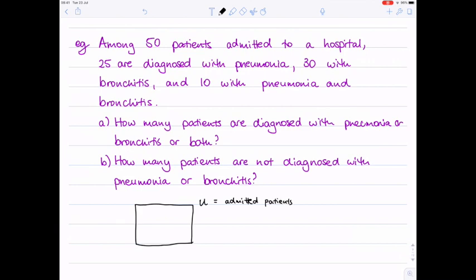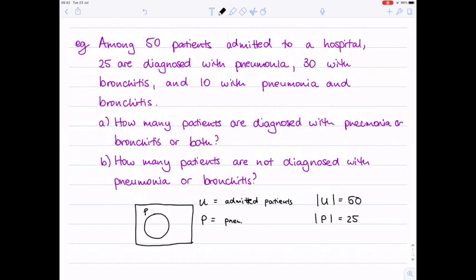And the information that I have is that we had 50 patients who were admitted. Then the next thing I know is I have a set of those patients who are diagnosed with pneumonia. I'm going to call that P. And I know that the set of patients, so this is the ones with pneumonia, and I know that there were 25 of them.